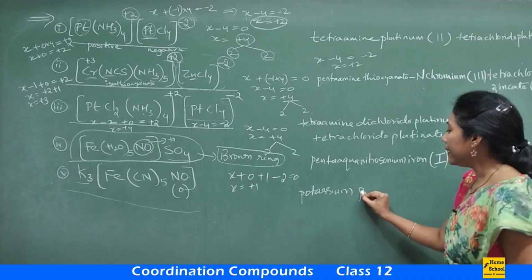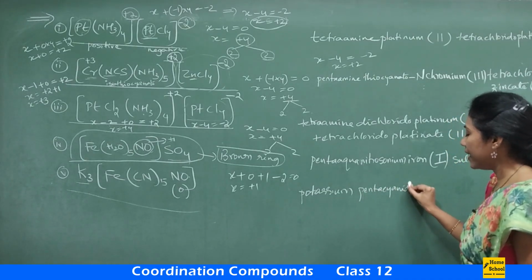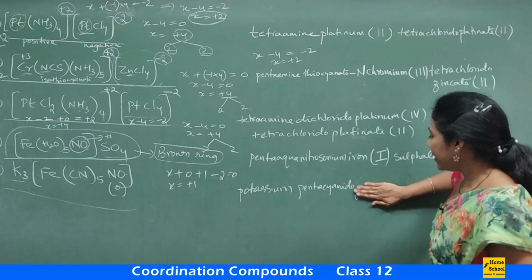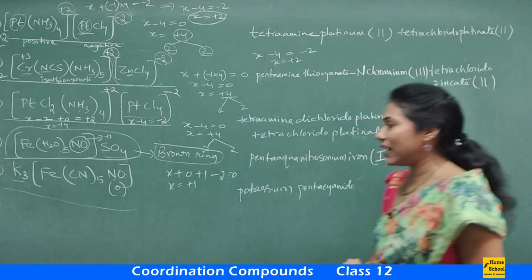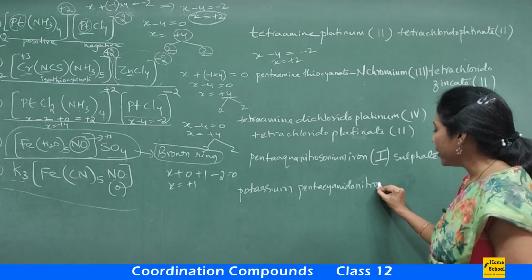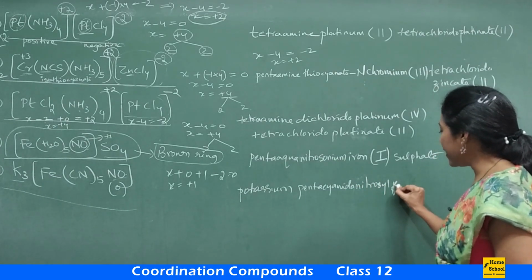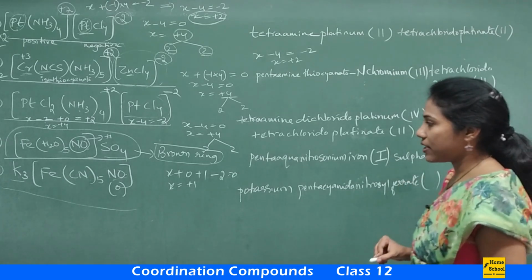So pentacyanido. After writing the name of CN, I should write the name of nitrosyl, right? So nitrosyl, ferrate, and in the bracket its oxidation state.